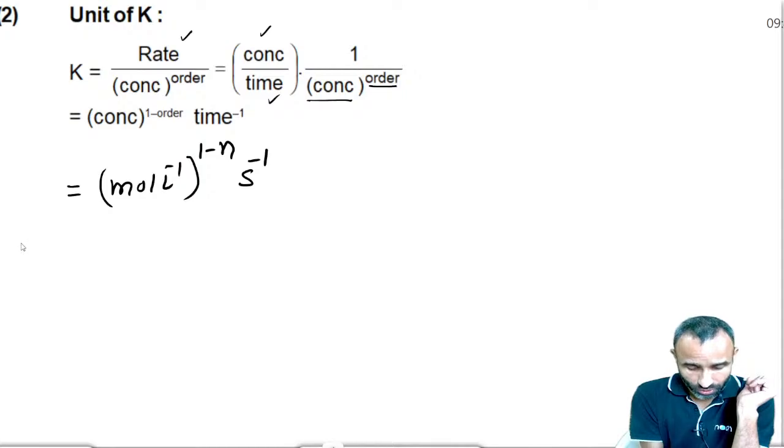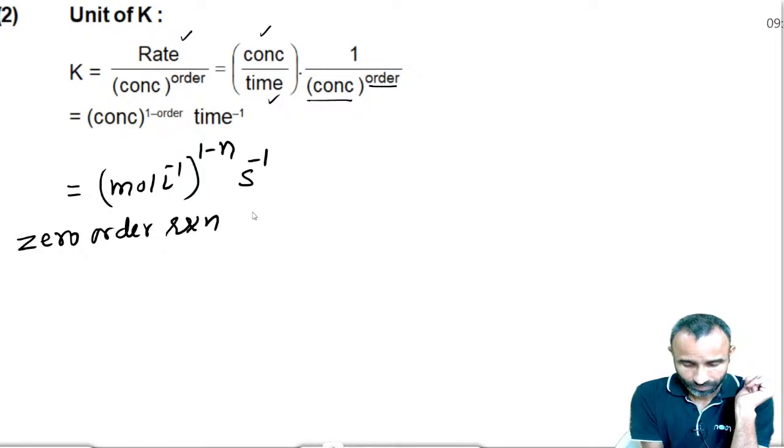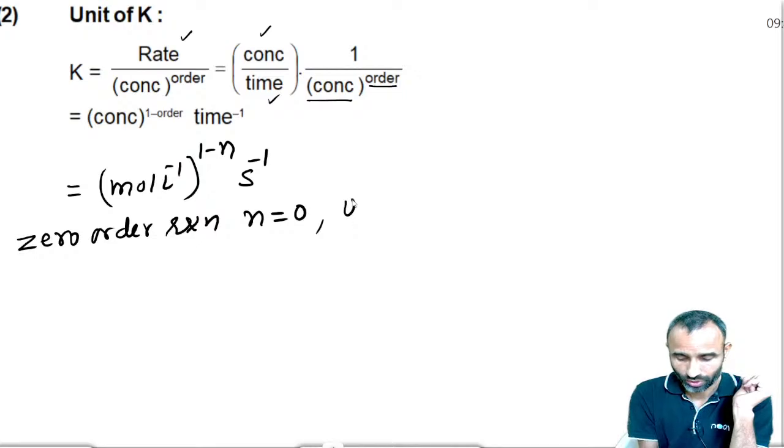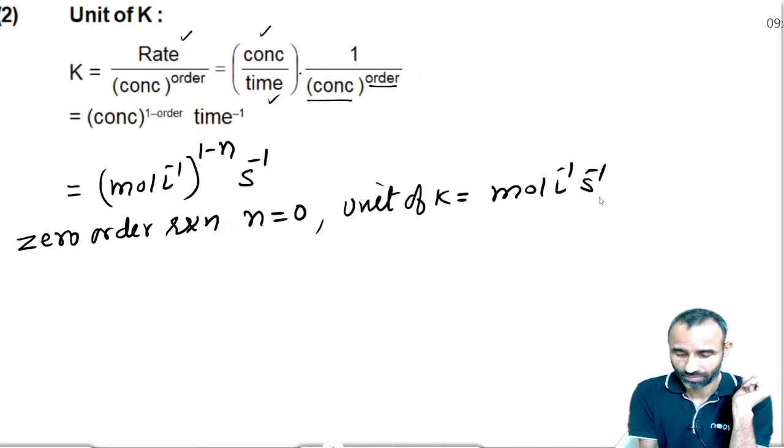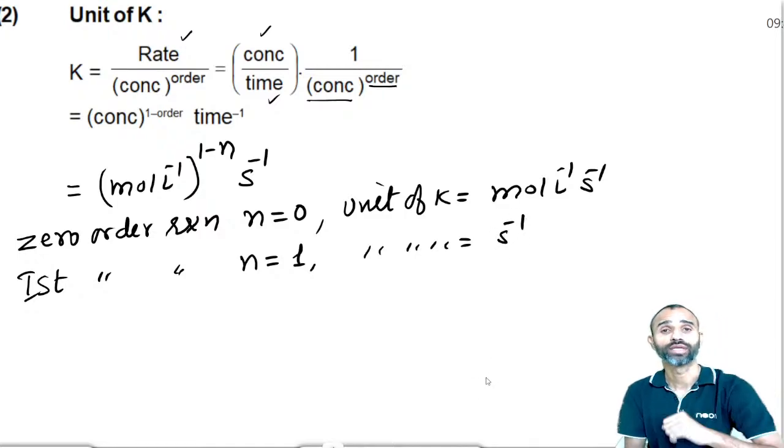So for a zero order reaction, N is 0, so the unit of K is mole per liter per second. For a first order reaction, N is 1, so the unit of K is per second only.